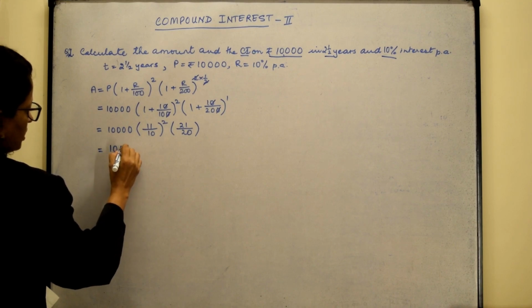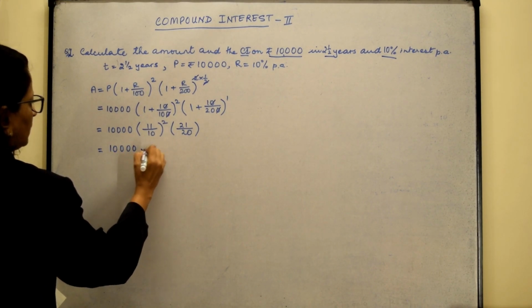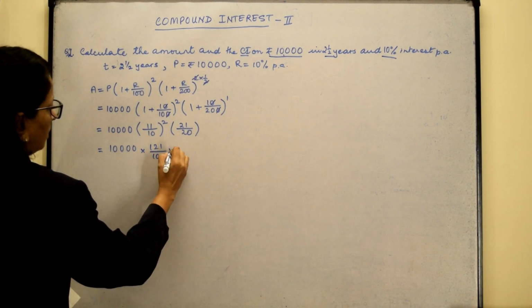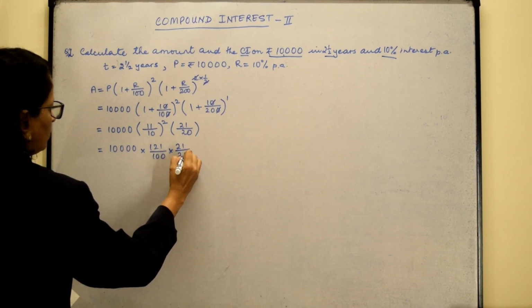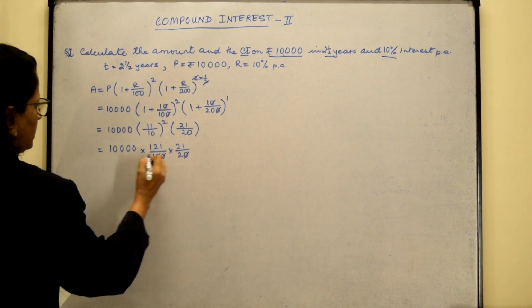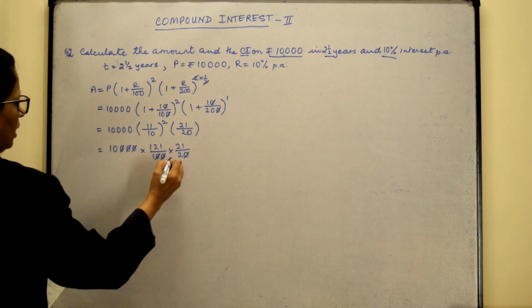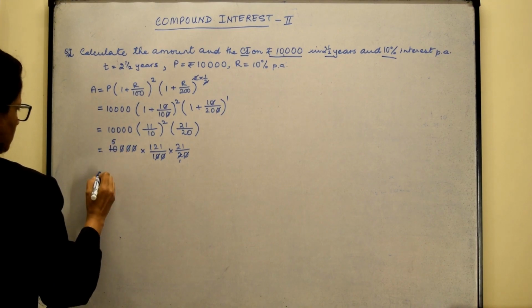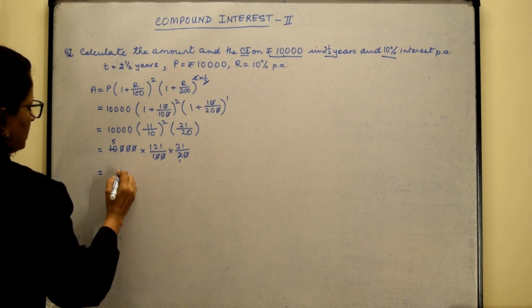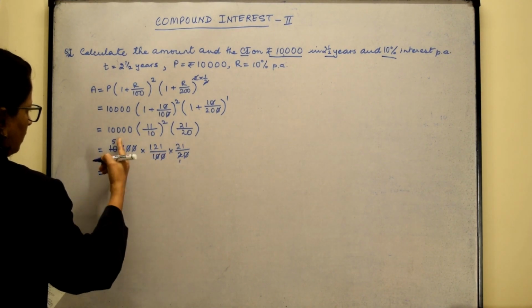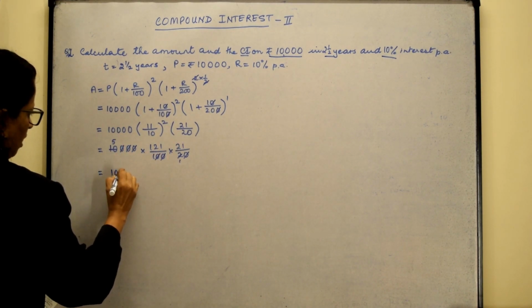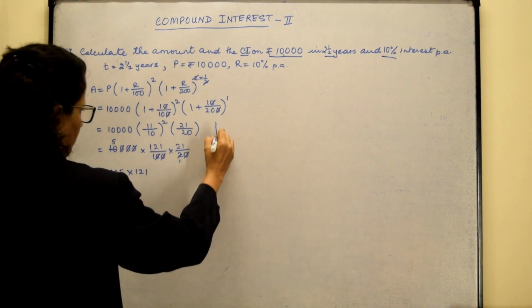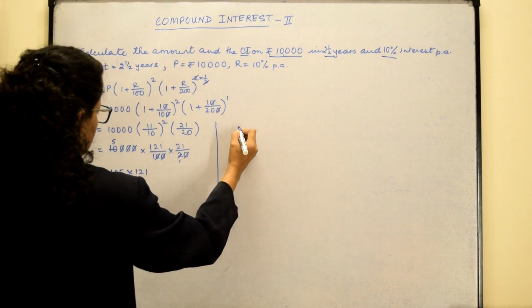Let us see our calculations now. This will be 121 upon 100 multiplied by 21 upon 20. 1, 2, 3 zeros will get cancelled and 2 ones and 2 goes 5 times. Now I'm going to multiply 21 with 5, so that will give 105 into 121. Either of the numbers to multiply with is going to be easy.